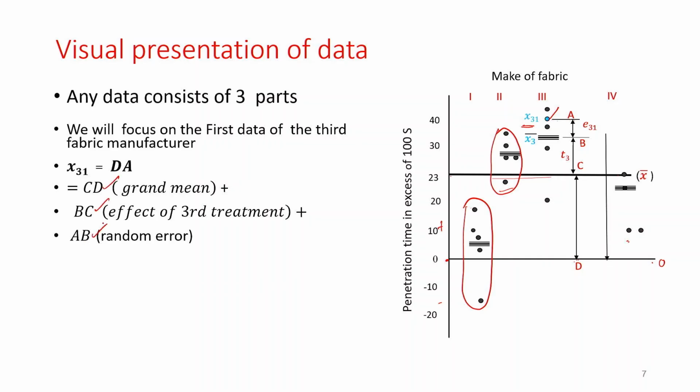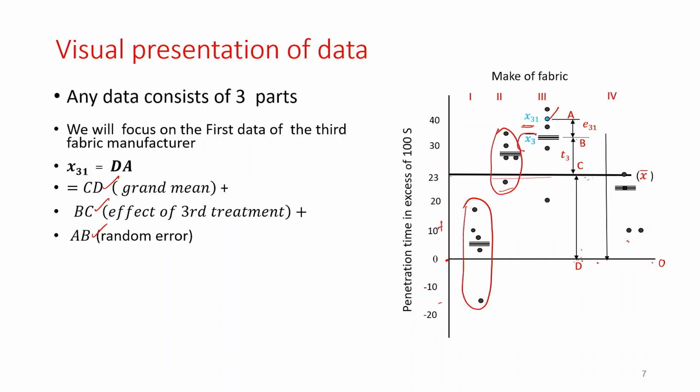You just see here, this is what is CD, from where to there. So from the 0 line to where our grand mean is existing, that line. This is what is CD or DC, whatever we say. Then from here to there, that is from the grand mean to the point B. What B represents? Now B represents these lines.